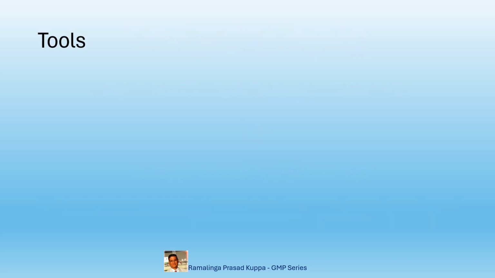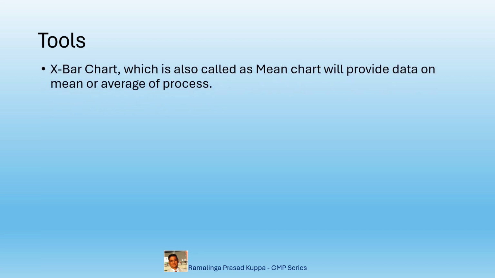Let us understand these tools. X bar chart, which is also called a mean chart, will provide the data on the mean or the average of the process. This chart revolves around the mean or average of a set of 4 or 5 consecutive samples.